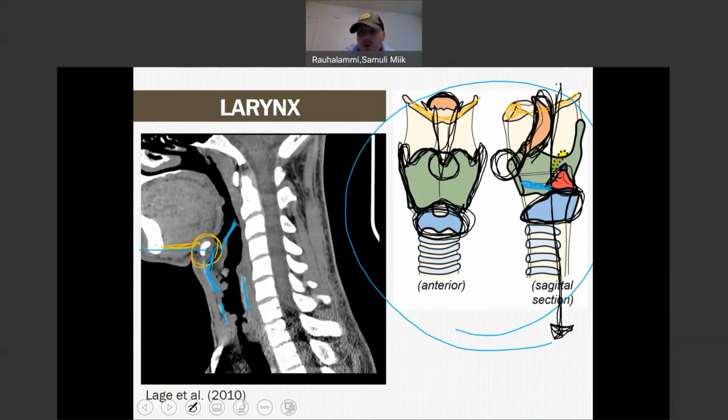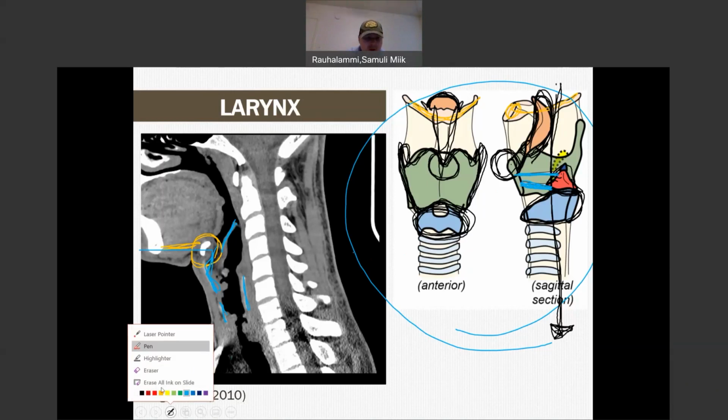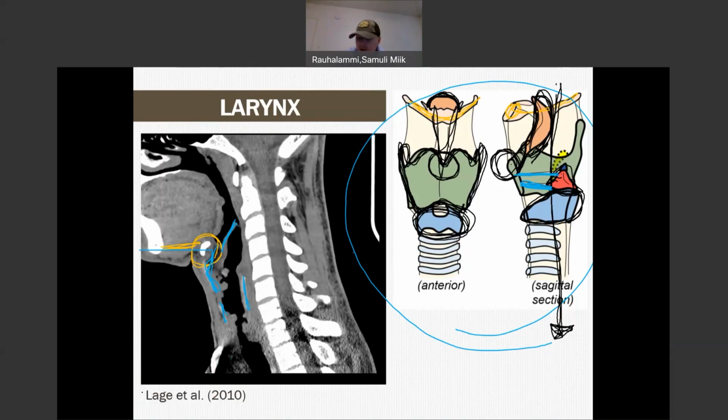By moving the arytenoids, we are able to manipulate the tension of the vocal cords as well. There is an arytenoid muscle that controls these, so something to put there as a note. We do see corniculate cartilages, these tiny tips on the very top of the arytenoids there.